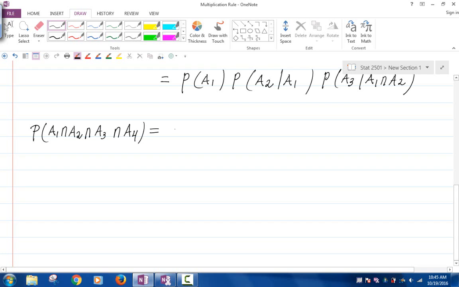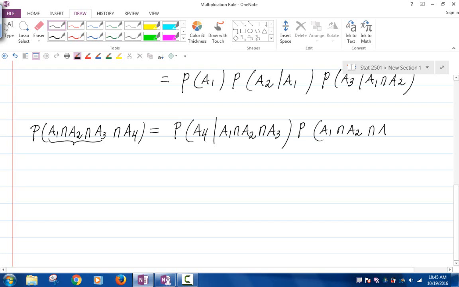Well, this is the same as the probability of A4 given A1 intersect A2 intersect A3, where I'm thinking of A1 intersect A2 intersect A3 as one event, multiplied by the probability of A1 intersect A2 intersect A3, right?